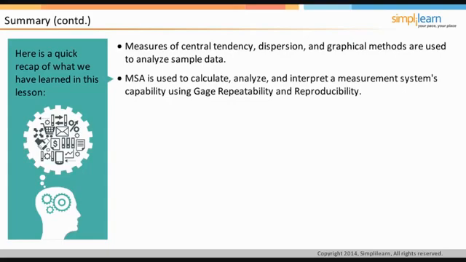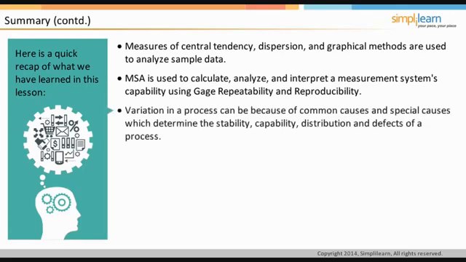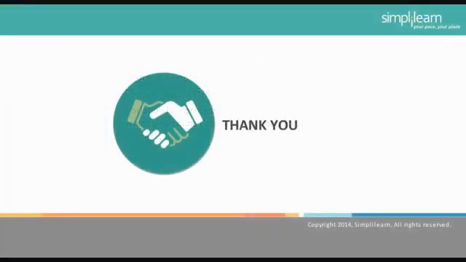MSA is used to calculate, analyze, and interpret a measurement system's capability using gauge repeatability and reproducibility. Variation in a process can be because of common causes and special causes, which determine the stability, capability, distribution, and defects of a process. With this, we have come to the end of this lesson.